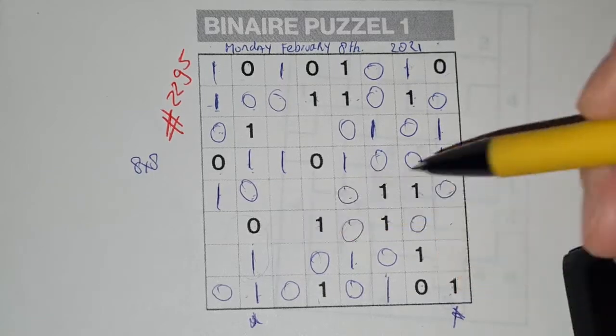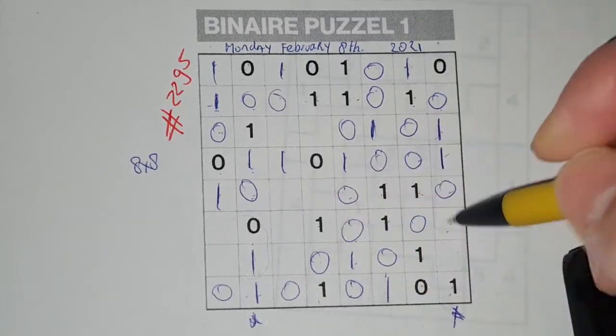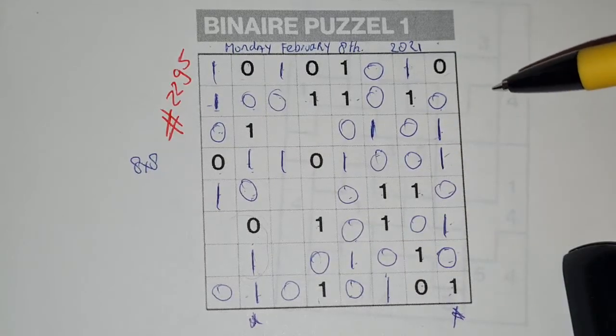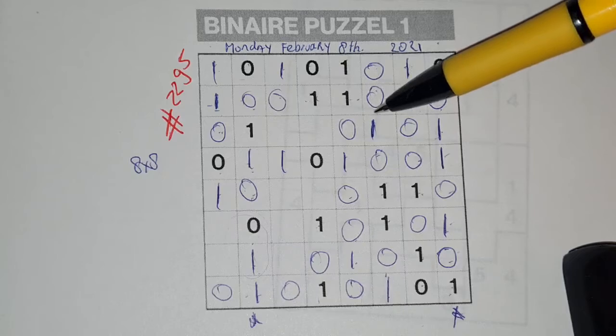So we have a 1, an O here. So this should be a 1. We have a 1 here. This should be an O. Alright. Need to compare again.